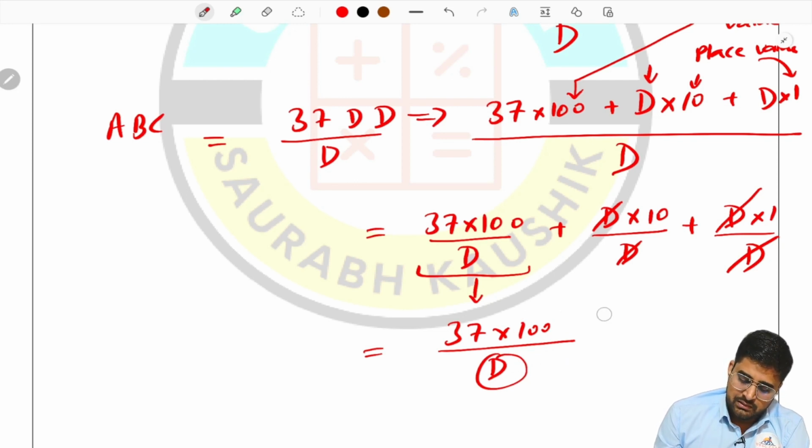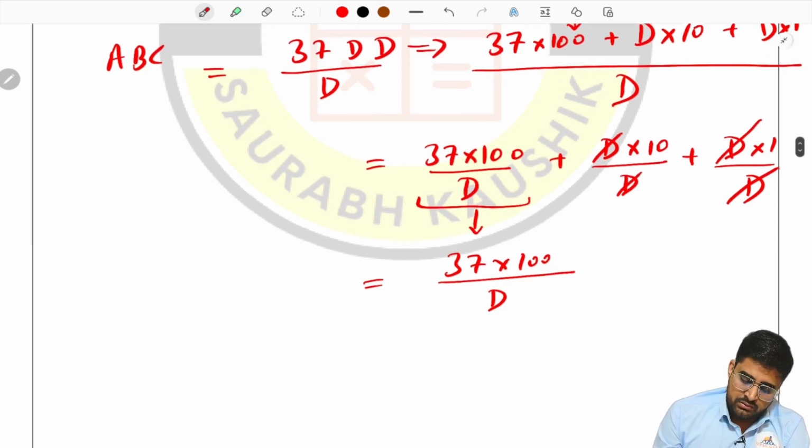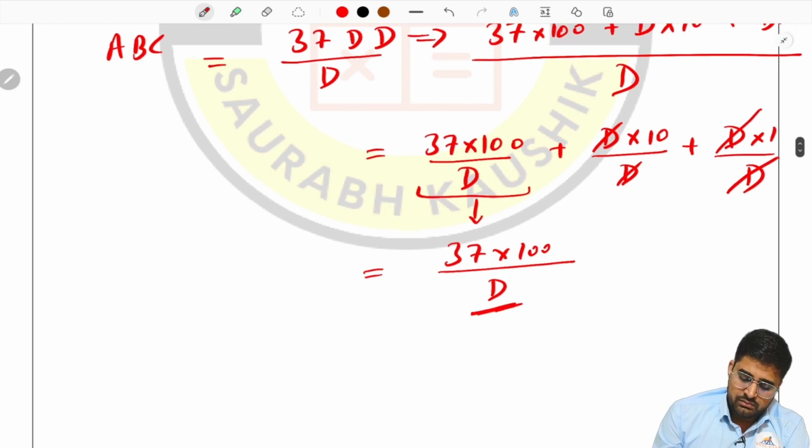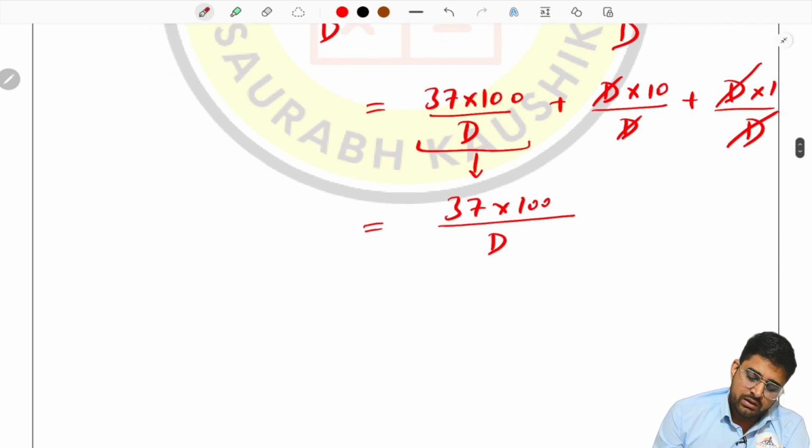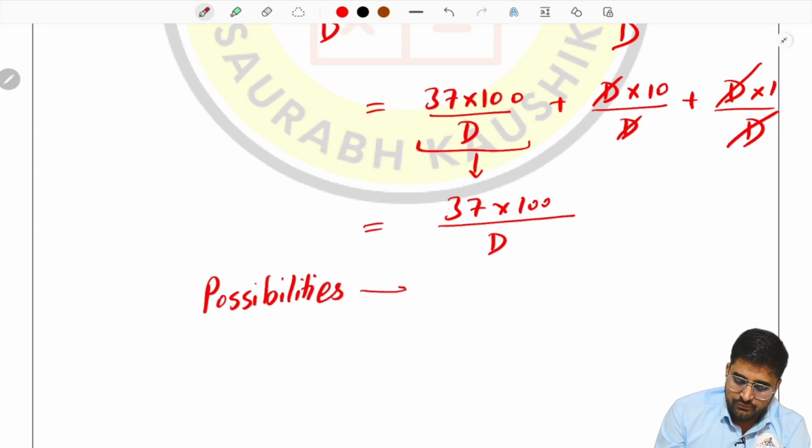We do not know the value of D which is going to divide 100. Now, what possibilities do we have for D? Let us see by making the factors of 100.